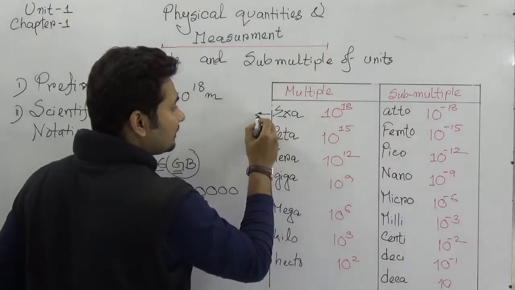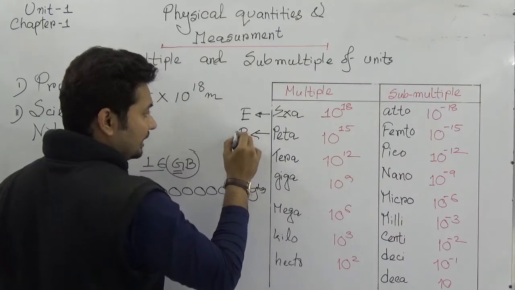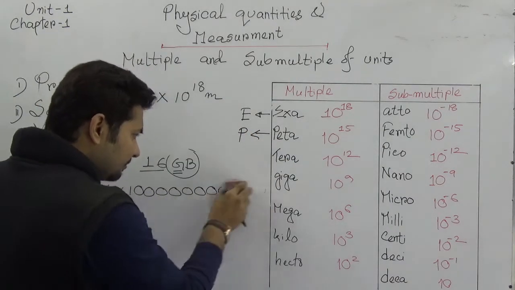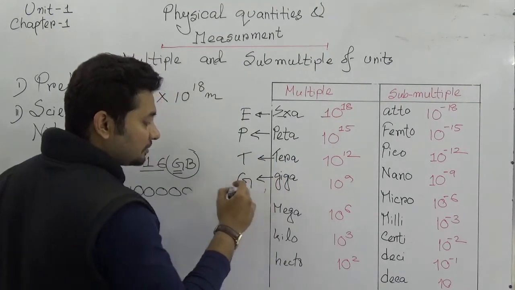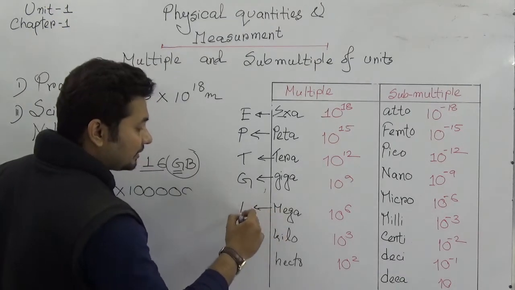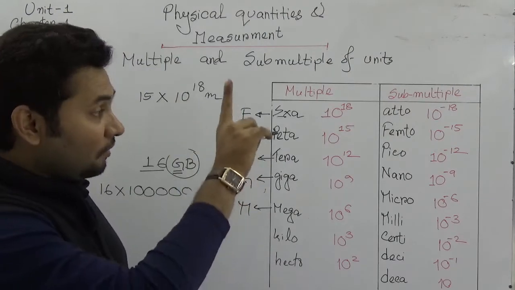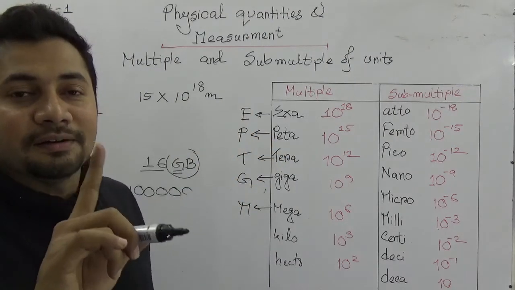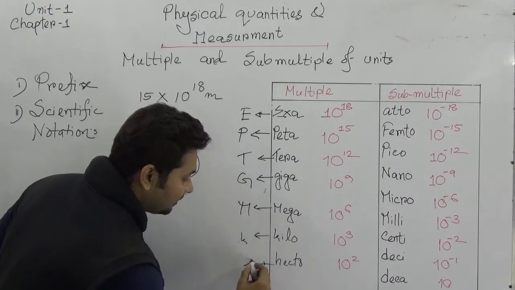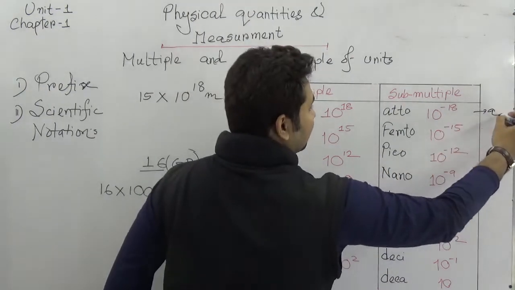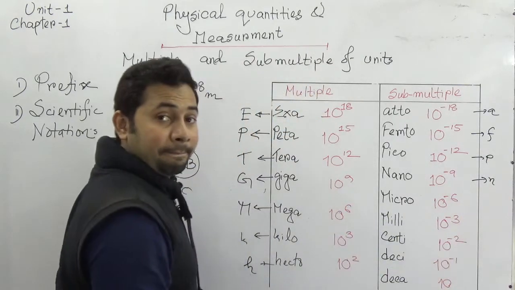So exa is expressed through capital E. Peta is expressed through capital P. And most interestingly, tera is capital T, giga is capital G, mega is capital M. From kilo, hecto, and then all other things will be expressed in the smaller form: small k, small h, small d, small a, small f, small p, small n, like that.